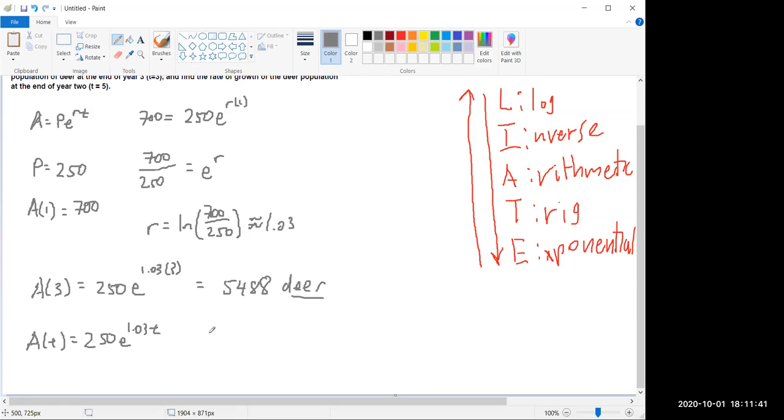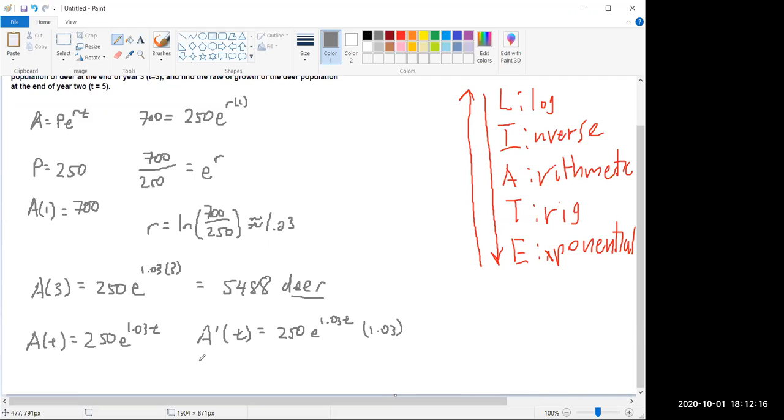So if we take the derivative, we should get, yeah, it's just the rate times the original equation. But if you don't remember that, you can just use your knowledge of derivatives. So it's 250, the derivative of e stays the same, e to the 1.03 t, and then times the derivative of the exponent. So that's times 1.03. So that's the derivative equation. This represents the rate of growth of the deer population at time t.